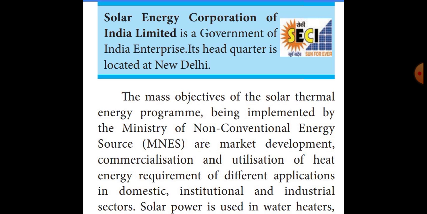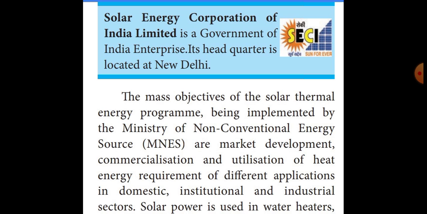Then solar power is used mostly in water heaters, refrigerators, drying, street lighting, cooking, pumping, power generation, photovoltaic cells, and equipment parts. These are the areas where solar energy is mostly used.